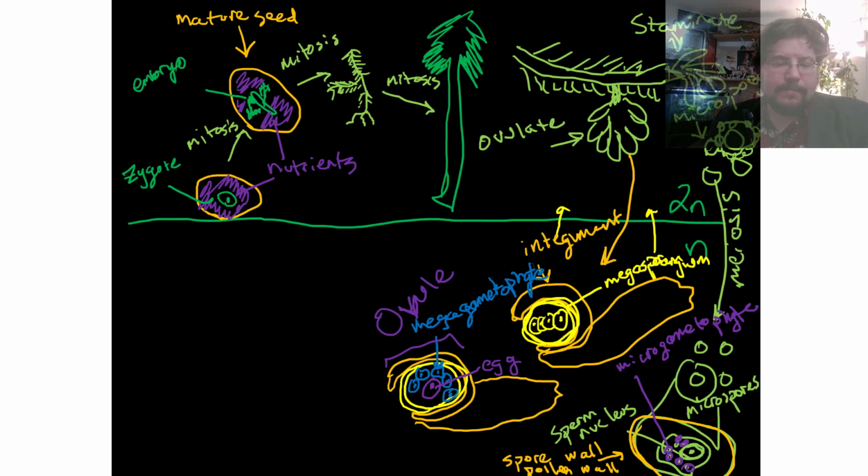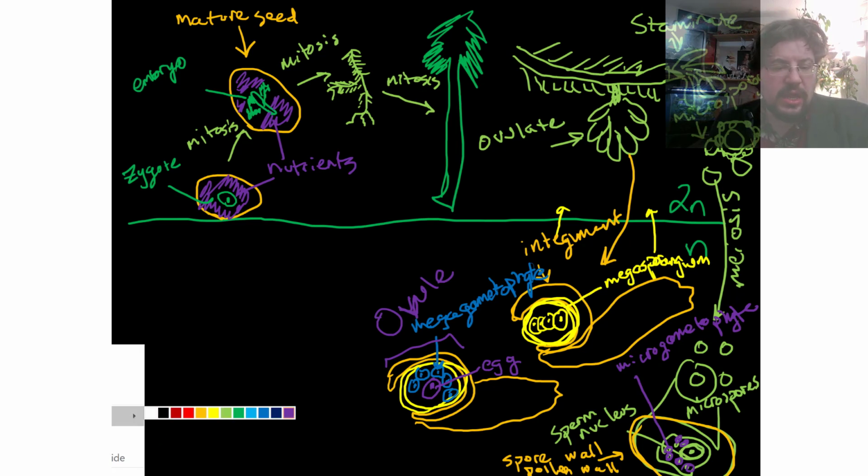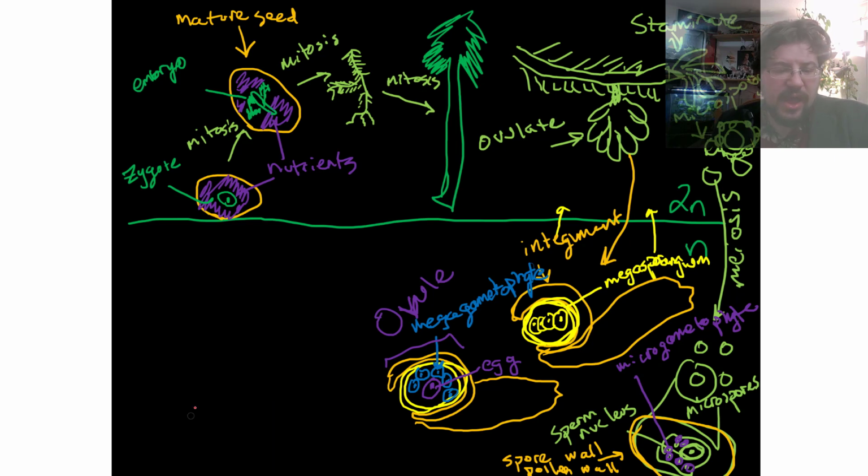So, next thing we need is our pollen grain to arrive. So, much smaller. There's our pollen grain. It's dispersed by wind. It makes it down along the scale, and boop, it arrives.